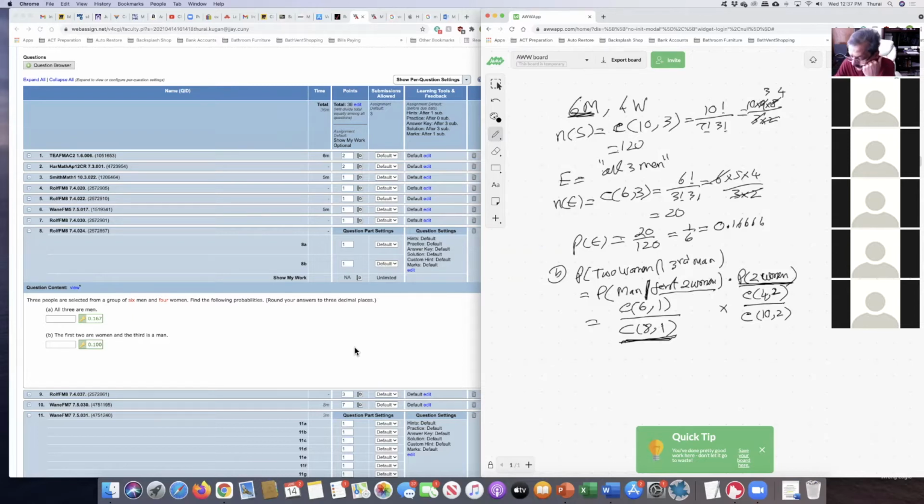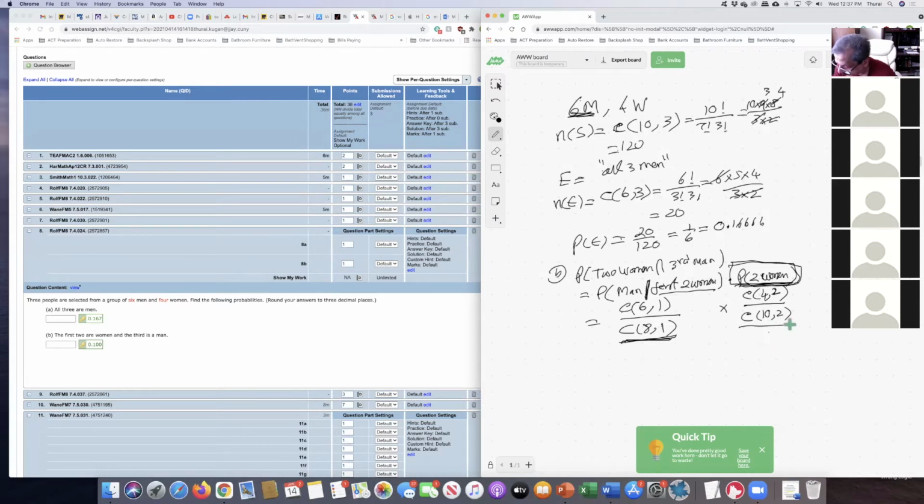So that's why the probability for the 2 women part has to be done first. That would be, if you select 2 people from the 10 people, what is the probability that both of them are women? That's what that part is.